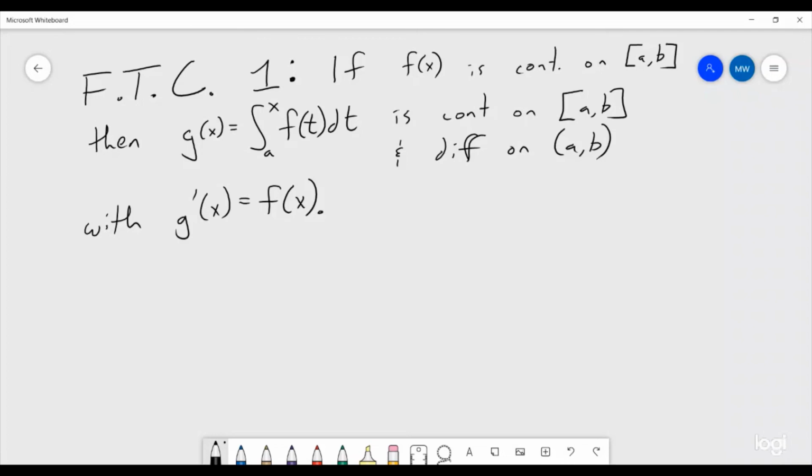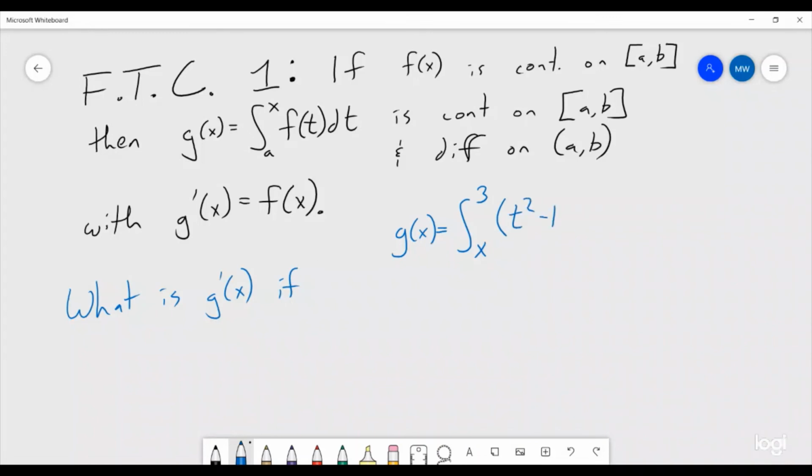So, using that, what is g prime of x if, and now we're going to have a bunch of different things. We got first, g of x is equal to the integral from x to 3 of t squared minus 1 dt.